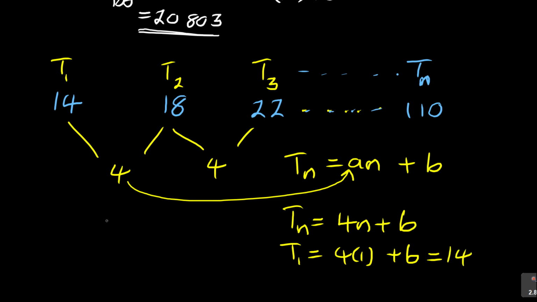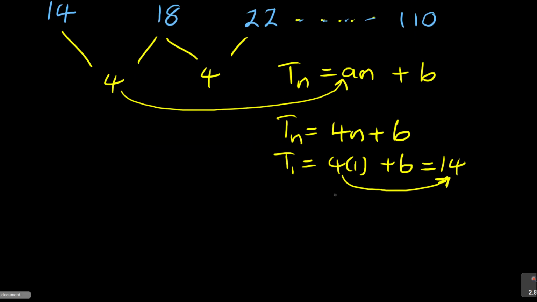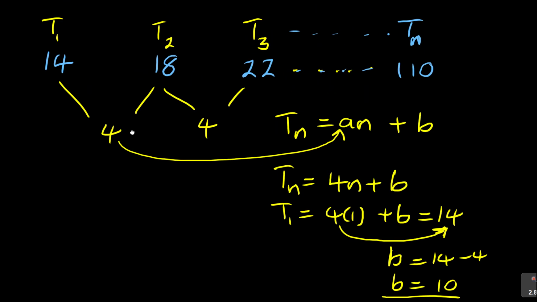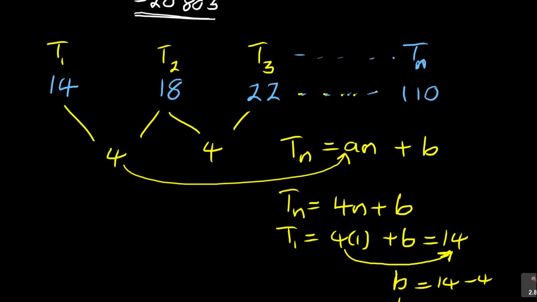And then it's a matter of taking 4 times 1 is 4. Take it to join 14 there. It will give us b. So that we've got b is equal to 14 minus 4. So what is b? b is equal to 10. So which means here the general term of this pattern, this linear pattern, the general term here will be what?